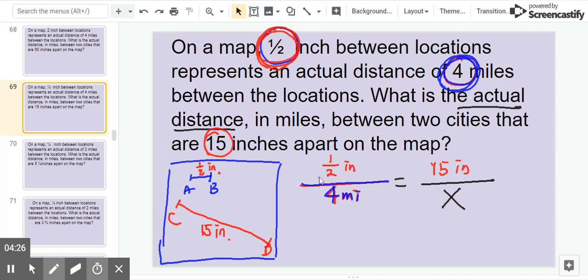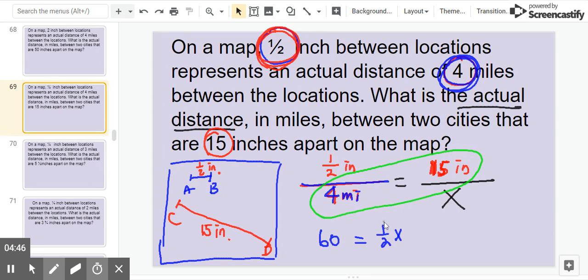Don't panic if you have a fraction in the fraction. We already talked about this. It's a complex fraction, but it's okay because we know how to do it. We know how to do cross multiplication. So you multiply across, so it's going to be 60 is equal to 1/2 x.